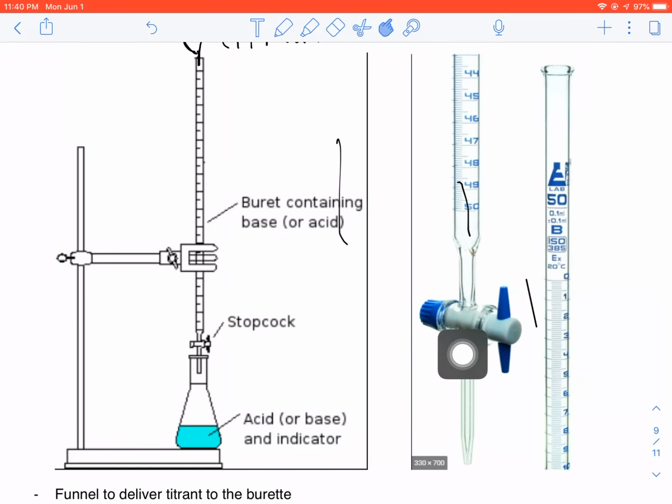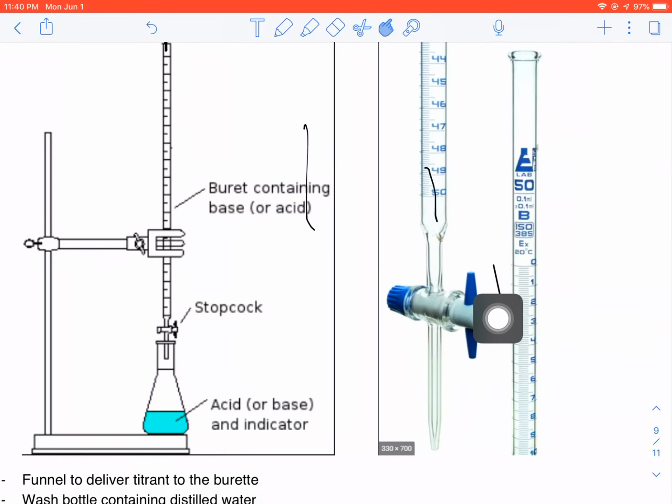It's got a Teflon stopper in the middle with a hole in the center. If the stopcock is turned so it's parallel to the burette, the liquid goes straight through it. But if I turn it perpendicular, at 90 degrees to the burette, then it's stopped and no liquid will get through.